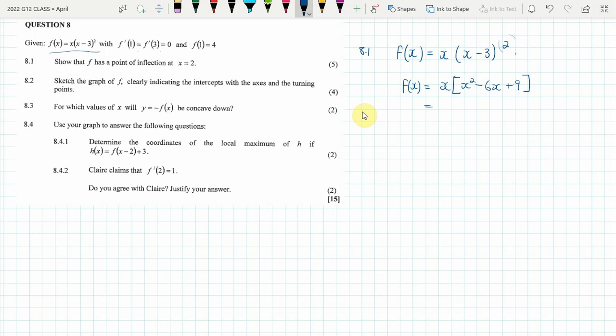Then we distribute the x inside, and we have x to the 3 minus 6x squared plus 9x. This is f of x. Now we can differentiate. What will be f prime of x?